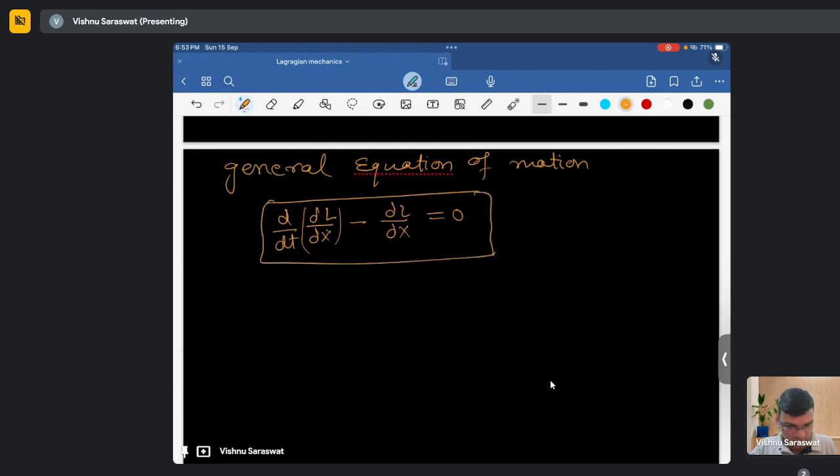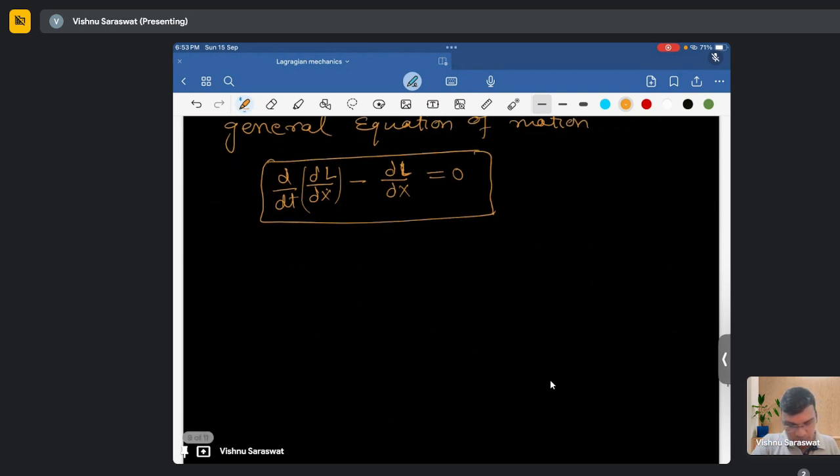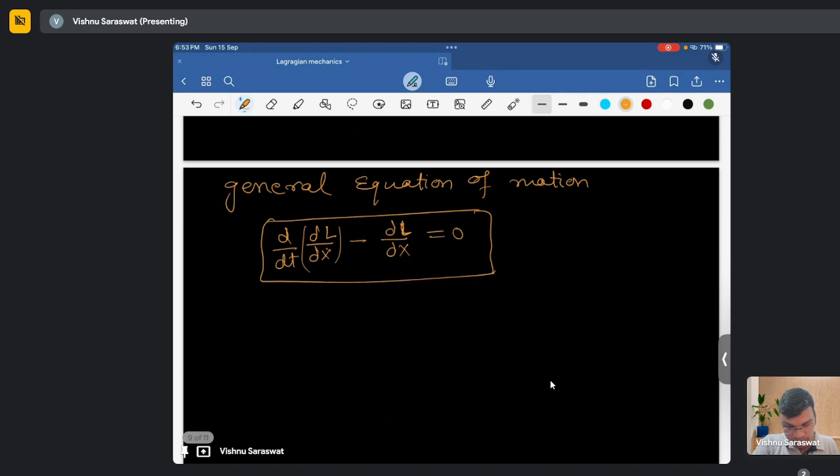So here is the Lagrangian, which, as I told you, is equal to the difference of kinetic energy and potential energy of an object or any particle. So now we need the partial derivative of Lagrangian with respect to velocity, and also the partial derivative of Lagrangian with respect to position.